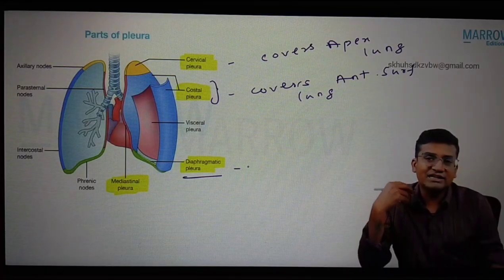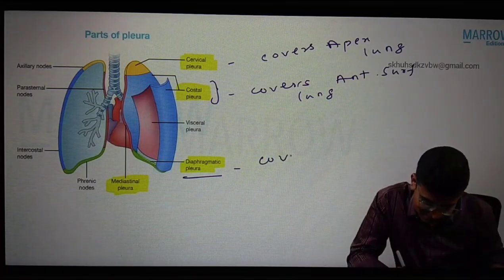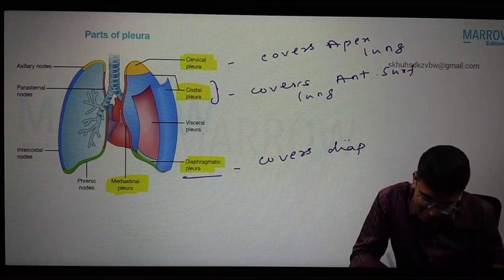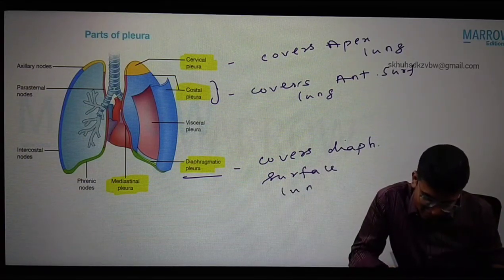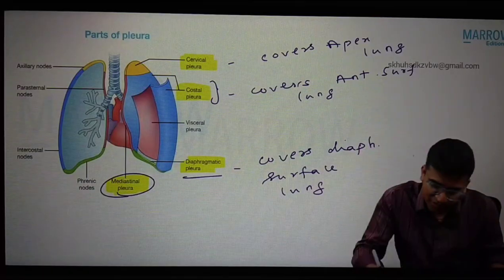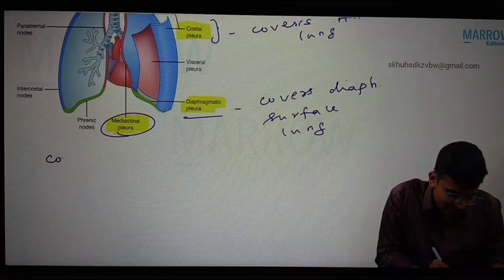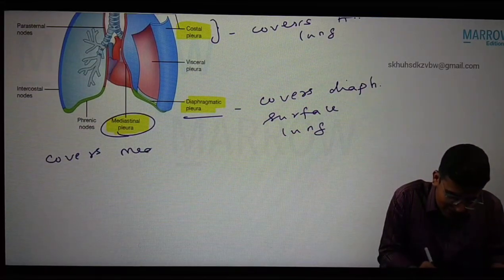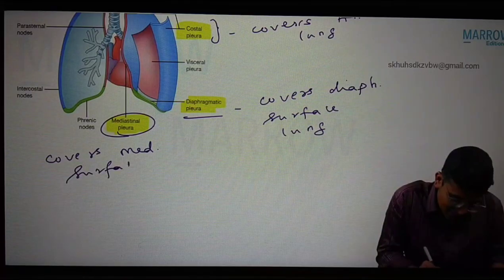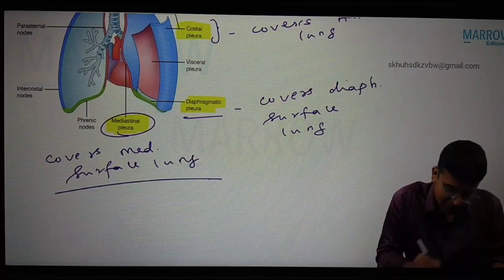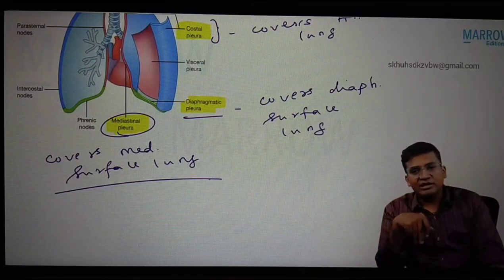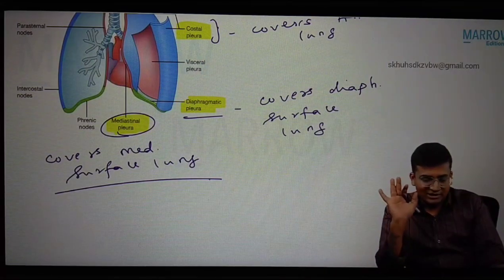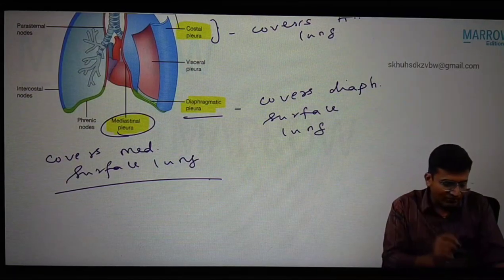Diaphragmatic pleura covers the diaphragmatic surface of the lung, whereas mediastinal pleura covers the mediastinal surface of the lungs. So depending upon the region present, we are giving different names for the parietal pleura. Clear? So now we see one by one.